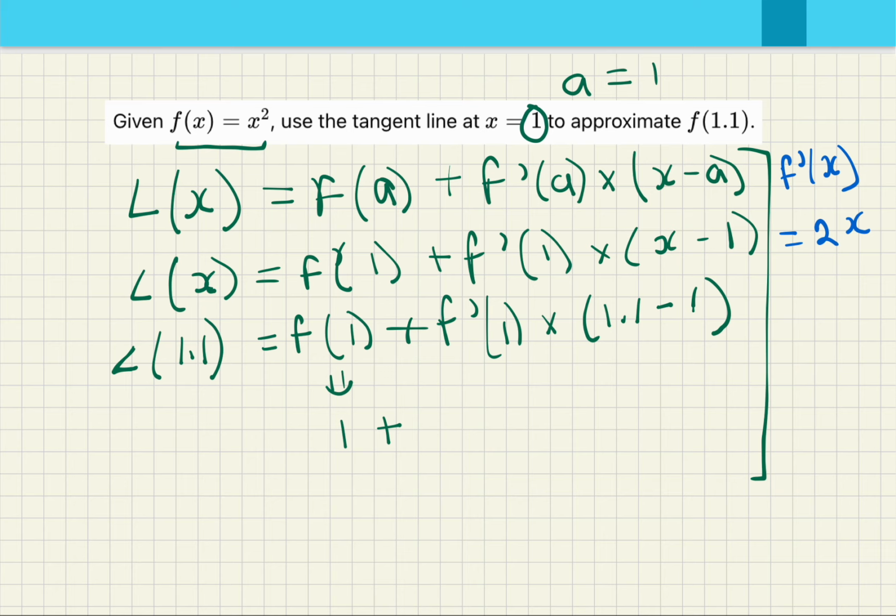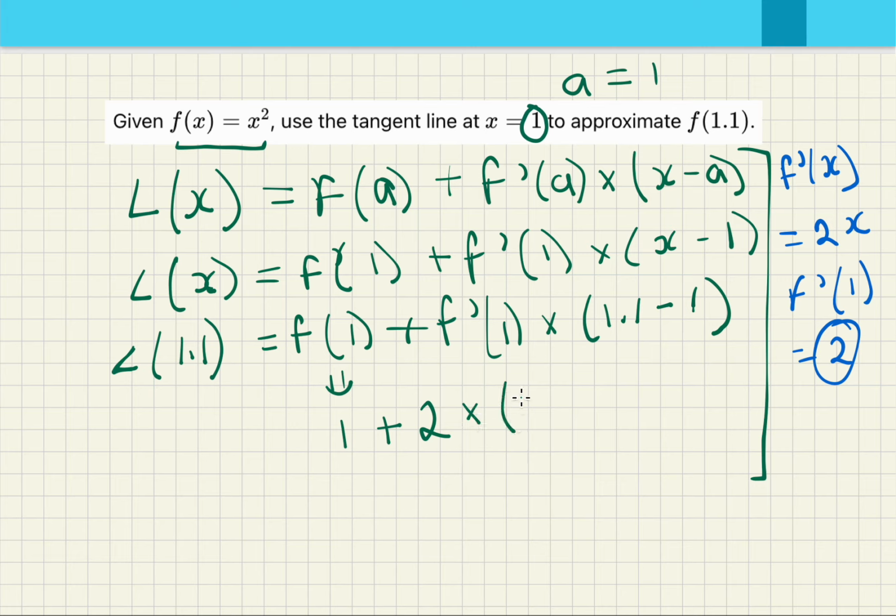Using the power rule, x squared becomes 2x after we take the derivative. That means f prime of 1 equals 2 times 1, which is 2. So you can replace f prime of 1 with 2.